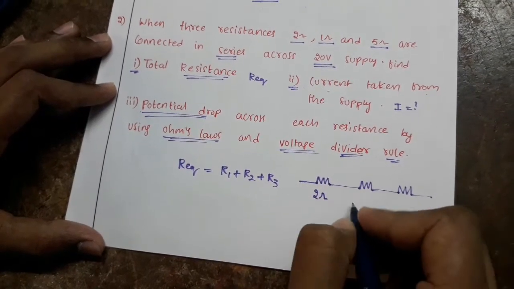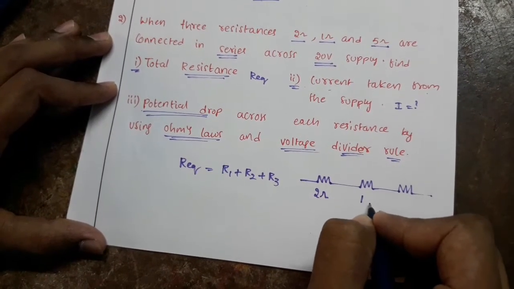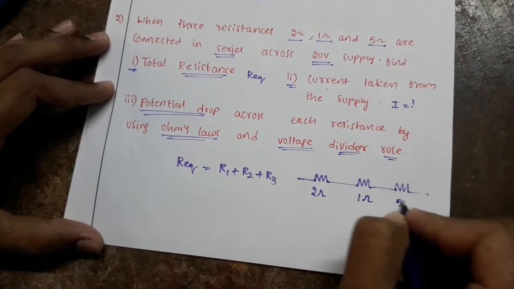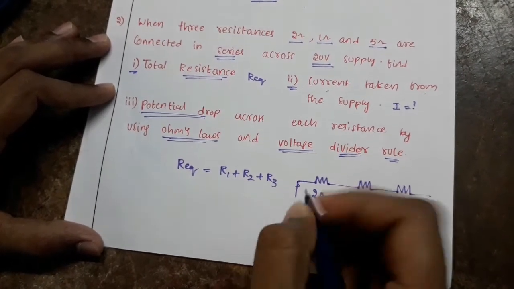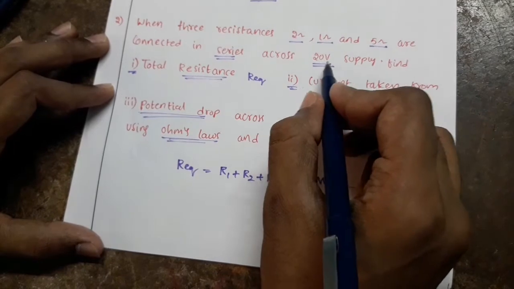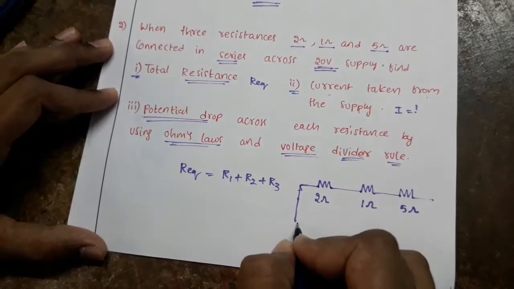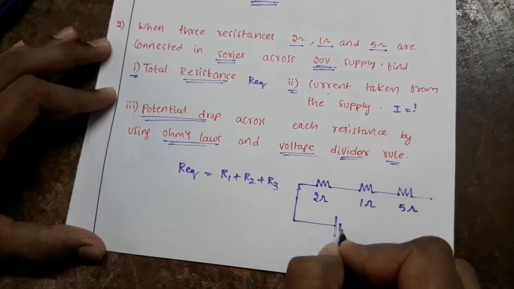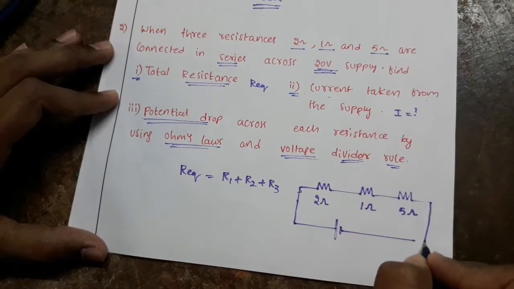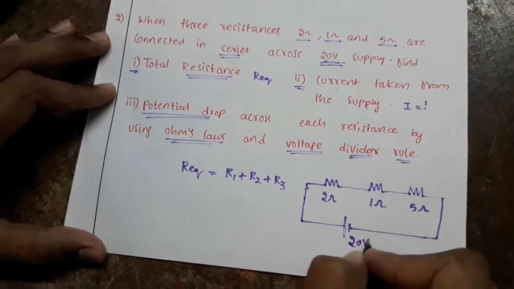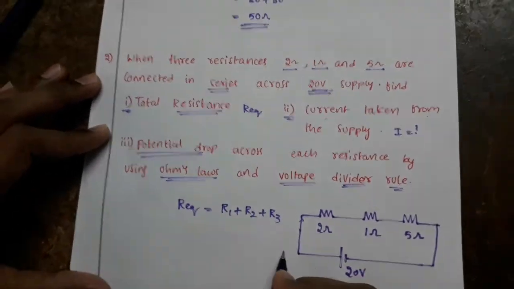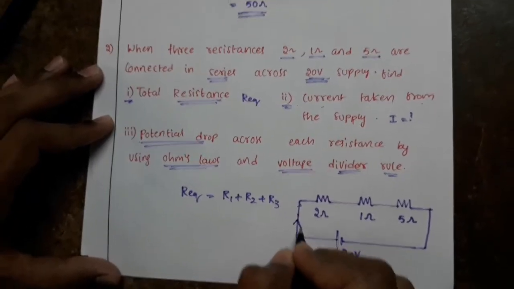First resistance is 2 ohms, second resistance is 1 ohm, third resistance is 5 ohm. Is connected across 20 volts supply. Therefore, 20 volts. As this is a closed path, current will flow.